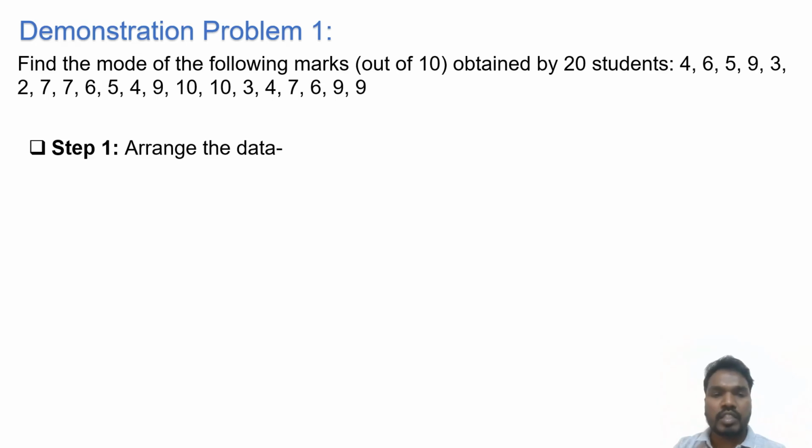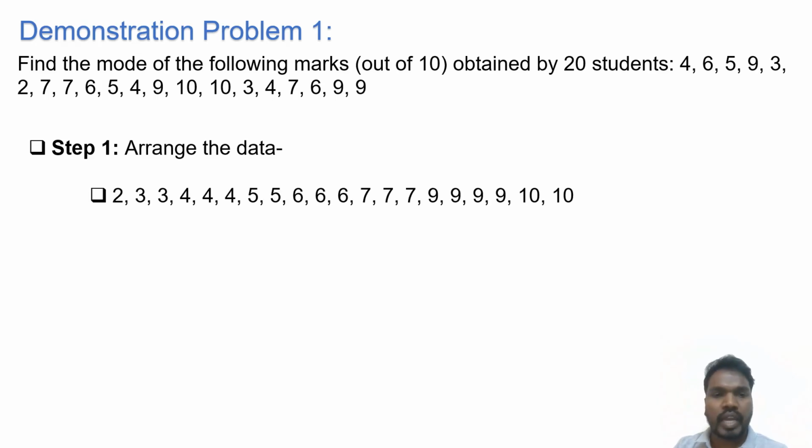For the purpose, let me arrange the data in order. Either you can arrange in ascending or descending or in a tabular form, it is up to you. So here I have data points of only 20, so therefore I can write it in the ascending order.